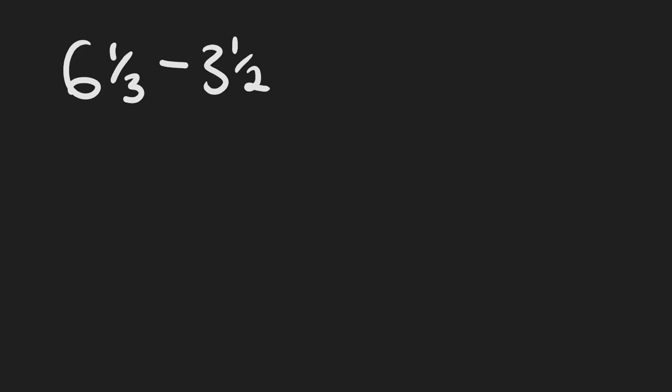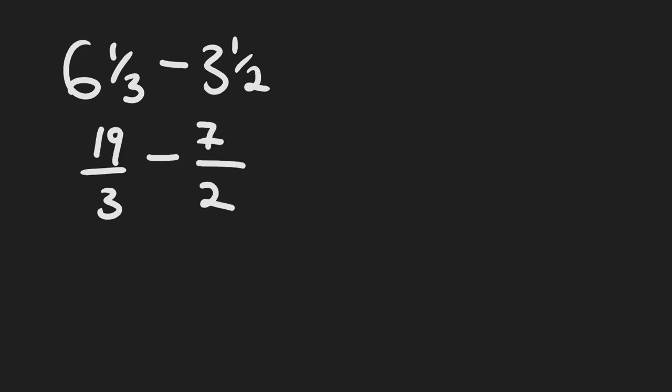The first thing to do is you may use the method of conversion to improper fraction, which is 6 times 3 is 18. 18 plus 1 is 19. So 19 over 3 minus 3 times 2 is 6, and 6 plus 1 is 7. So it's going to be 7 over 2.